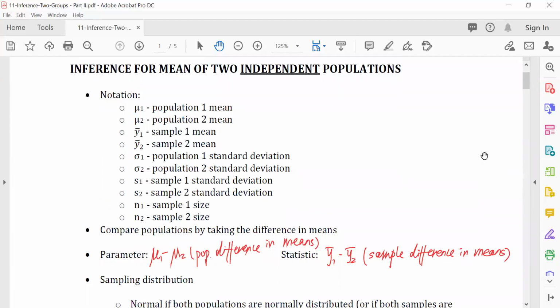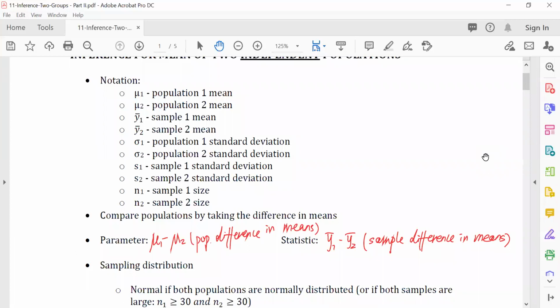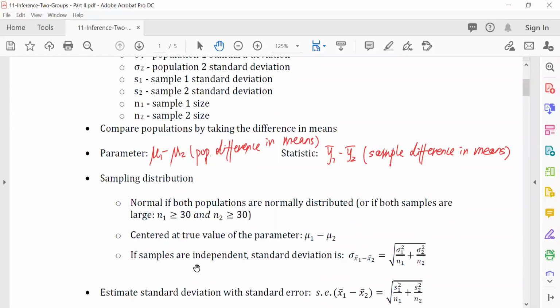In order to do any inference, a very important thing we need to know is the sampling distribution, right? Here is the sampling distribution for the two independent populations. The sample difference in means will be approximately normal if both populations are normally distributed, or the sample size is large enough; we use 30 as the rule of thumb.